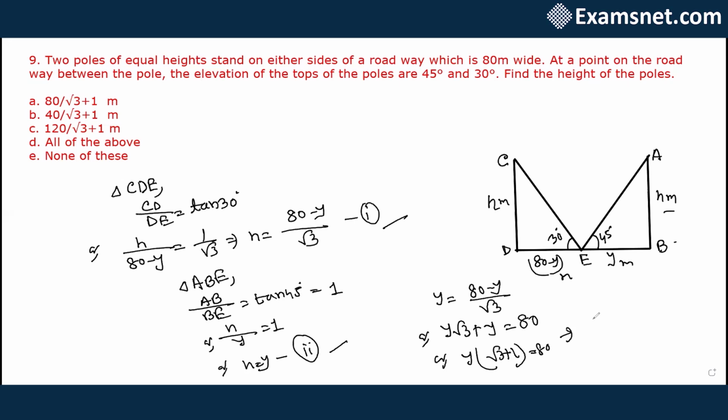That means Y equals 80 by root 3 plus 1. Since H equals Y, we also got the value of H as 80 by root 3 plus 1 meter. So here 80 by root 3 plus 1 meter, option A is the correct answer.